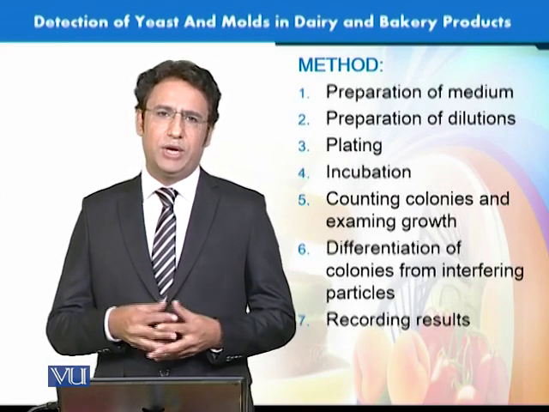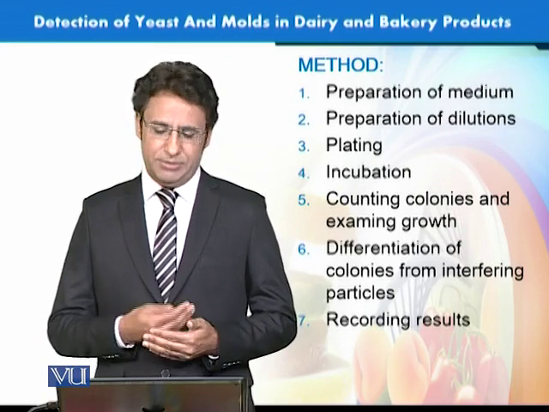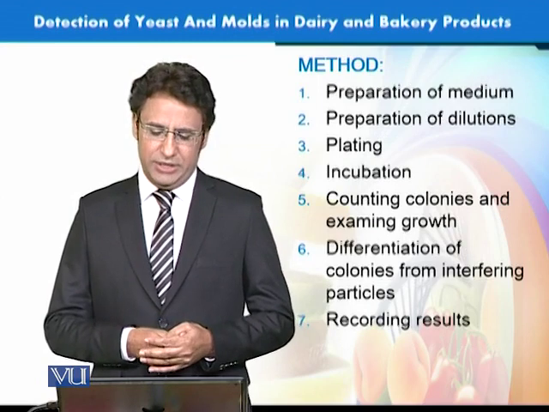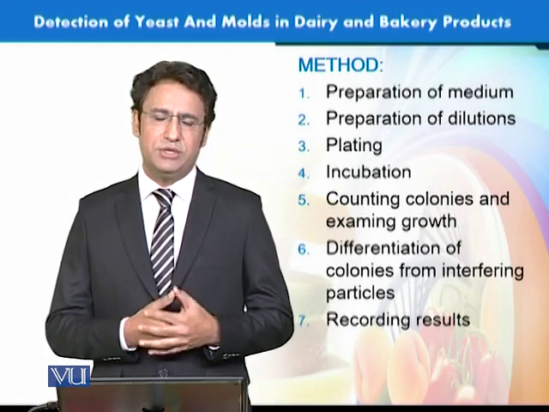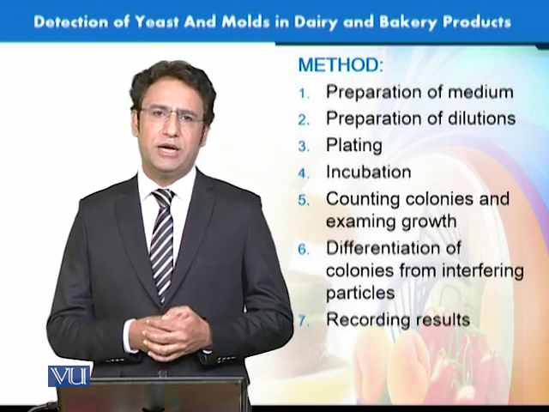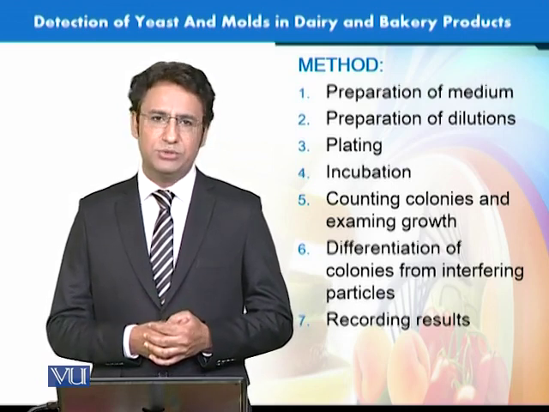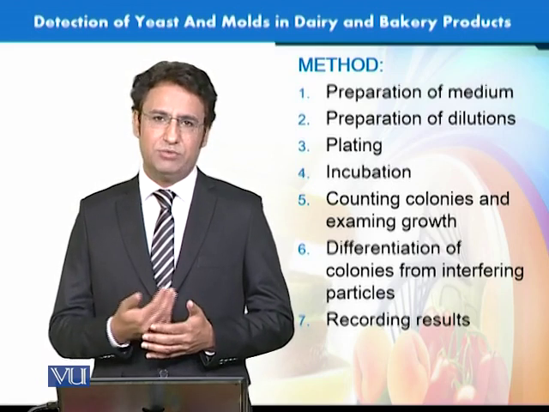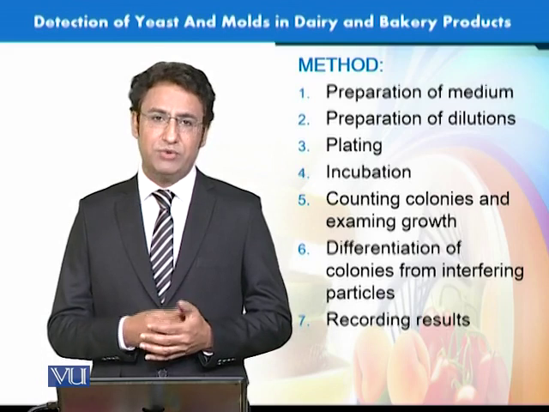If we look at the steps involved in this method, we start with the preparation of media, then we prepare dilutions, which are serial dilutions. Then we plate the agar or other media that is used, and then we go for incubation at 22 to 25 degrees C for 3 to 5 days.